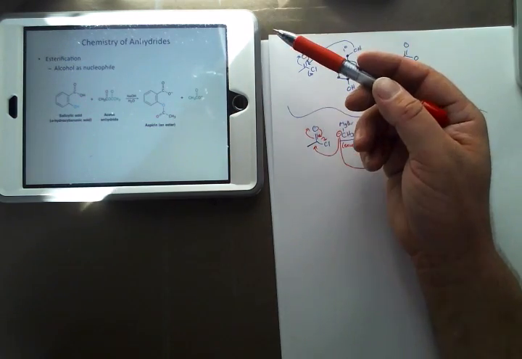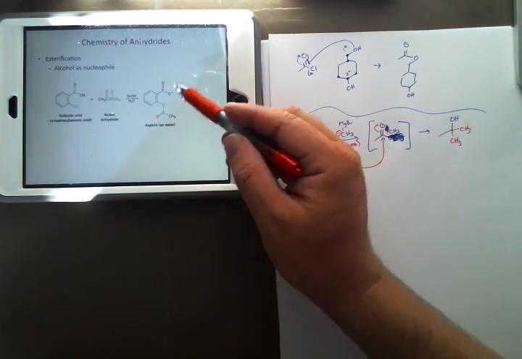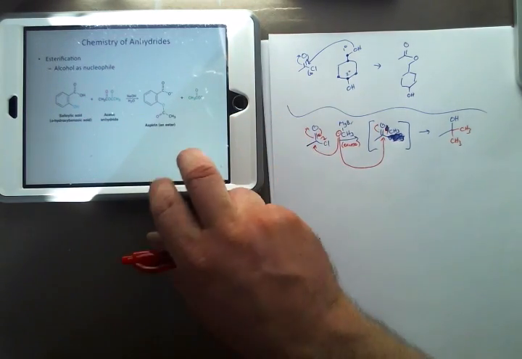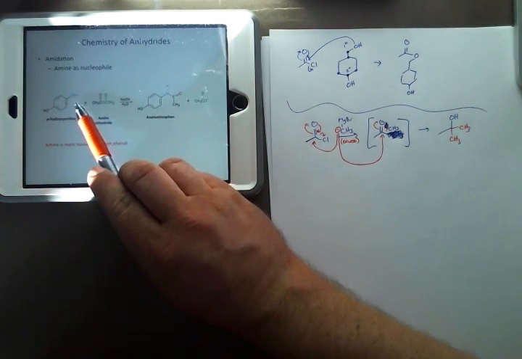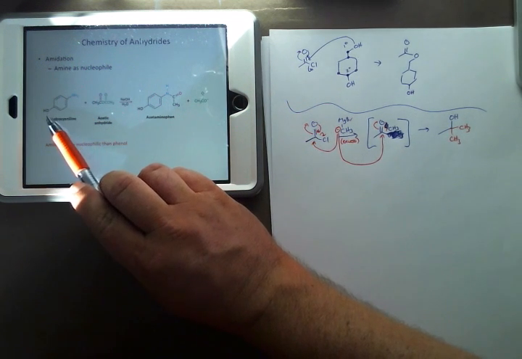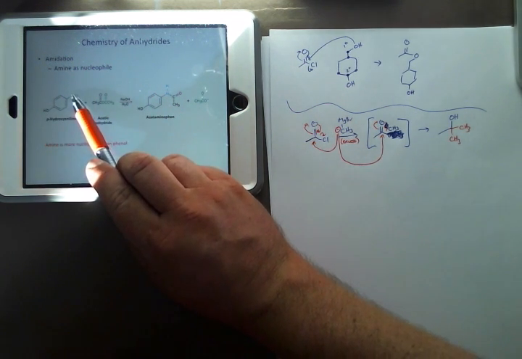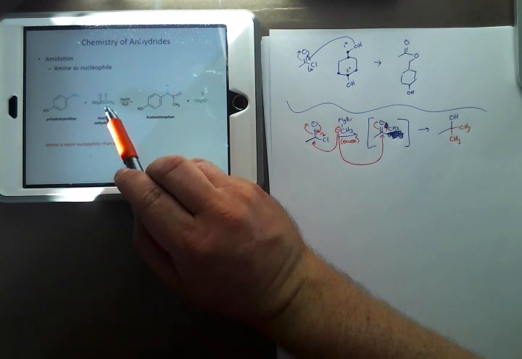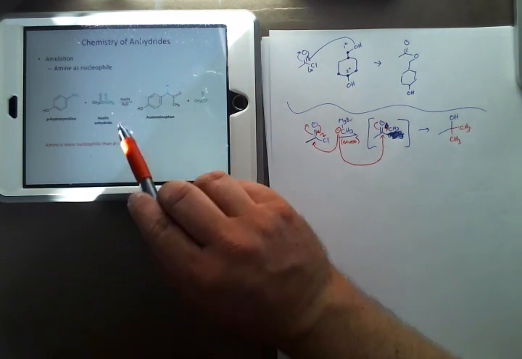I'm going to give you a symmetrical anhydride, so it attacks one side, up, down, kick away one of the groups, and you end up here. So this is aspirin. If instead you use an amine, it is going to be more nucleophilic than an OH group, so you get the nitrogen selectively coming in, attacking, up, down, kick away, to make, in this case, acetaminophen.